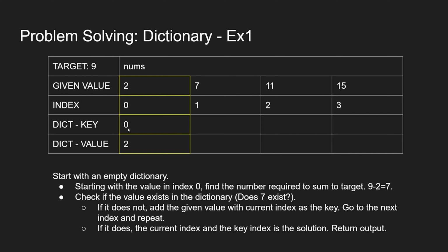So based on that, we now have this entry of the value of 2, and also we have the index where 2 is stored, because this is the given input, 2, 7, 11, 15, right? But these index numbers right here are not seen by the code.